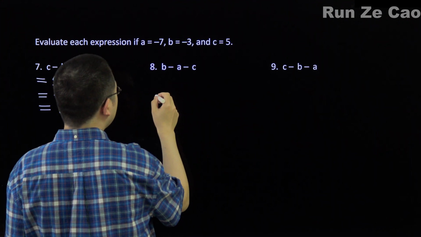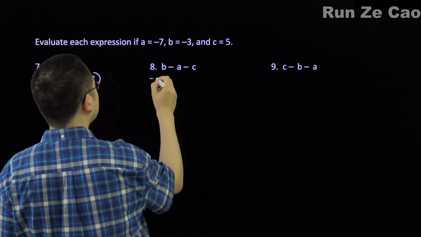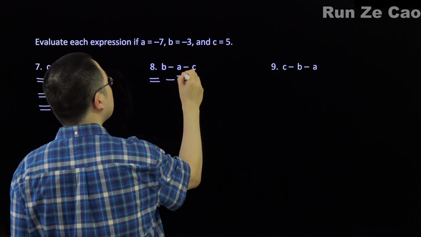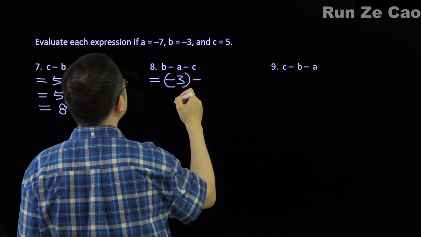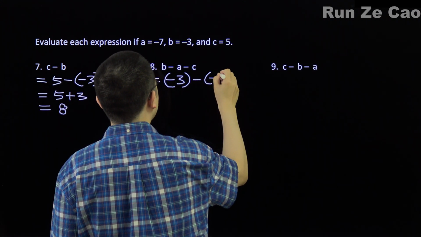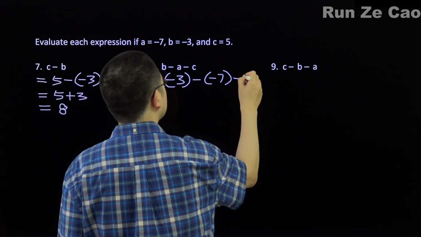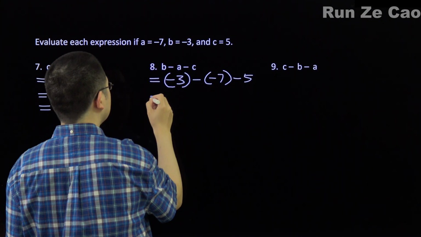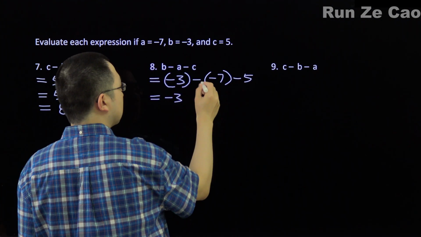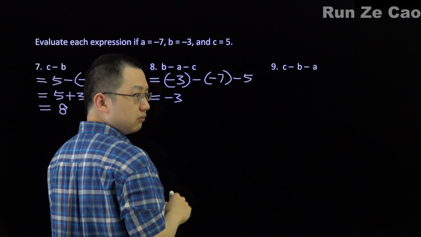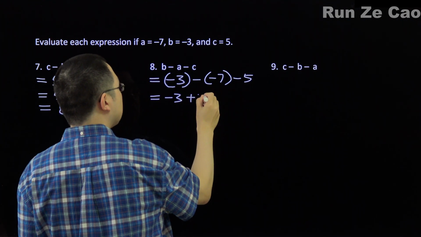Now, b minus a minus c. b is negative 3 minus a, which is negative 7, minus c, which is 5. So negative 3 minus negative 7 is also just plus 7.